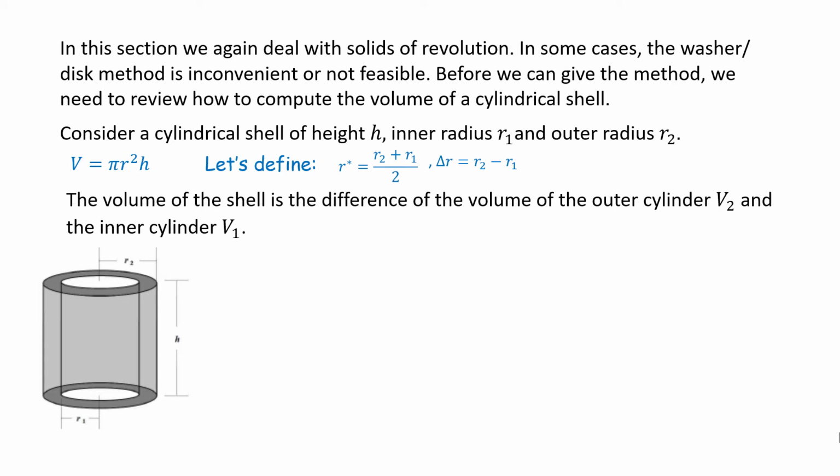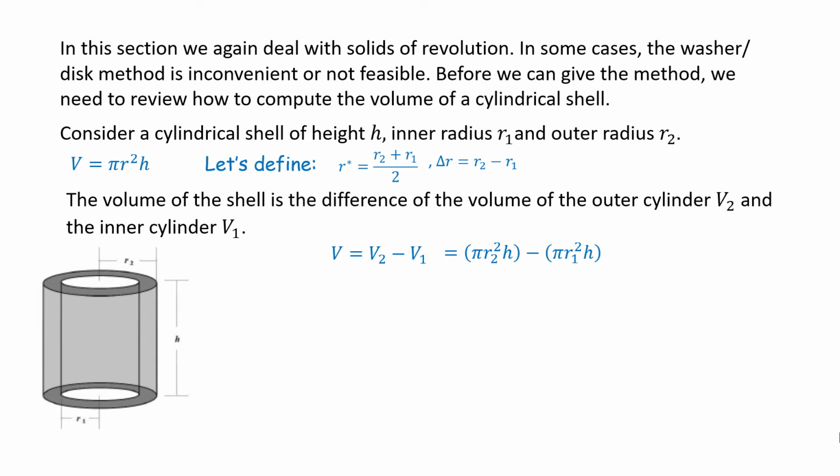The volume of the shell is the difference of the volume of the outer cylinder, which we'll call v sub 2, and the inner cylinder, which we will call v sub 1. We'll write v equals v sub 2, the volume of the outer, minus v sub 1, the volume of the inner cylinder. Let's write the formulas for those.